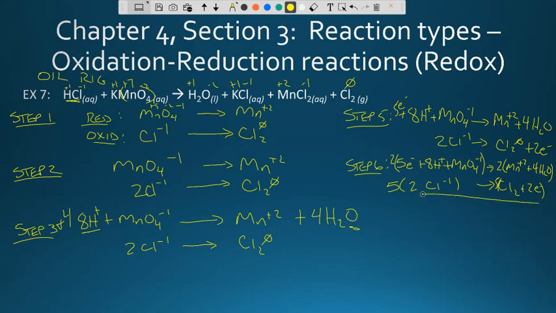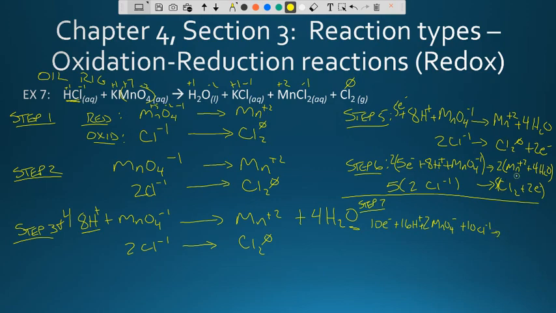All right, so let's add up all the equation. Okay, so this is step 7. Now I see that on this side, I have 10 electrons. I have 16 hydrogen ions. I have 2 permanganates. I have 10 chloride ions.